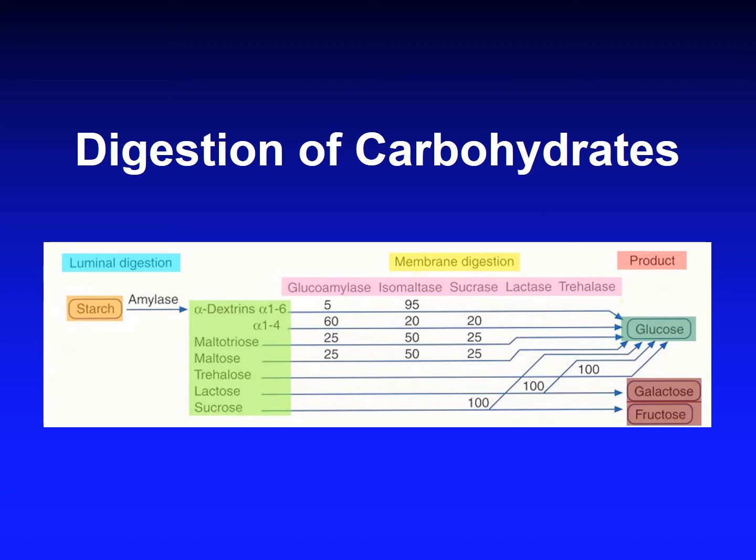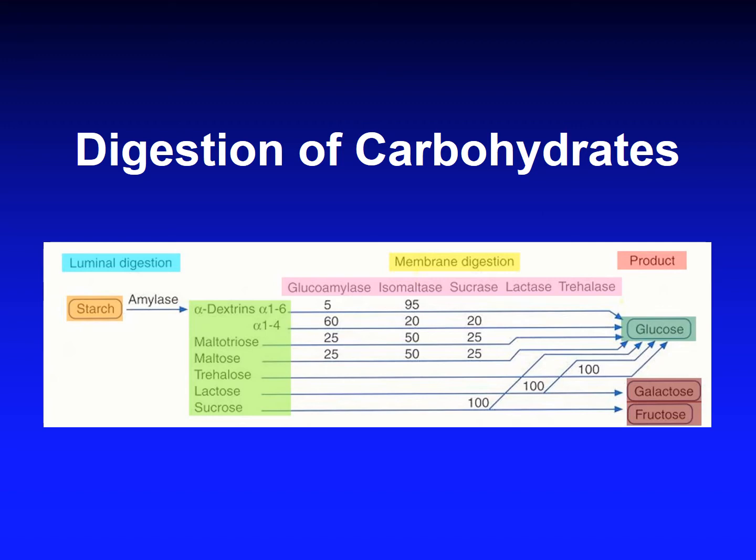Any starch, any carbohydrate that you consume, in the lumen, in the oral cavity, stomach, or intestine, we're going to get amylase, remember, one digestive enzyme, amylase, and it's going to break it into dextrins, maltotriose, maltose, trehalose, lactose, sucrose, whatever oses there are, basically. Again, in the lumen of the gut: oral cavity, stomach, and intestine. Amylase, one digestive enzyme.